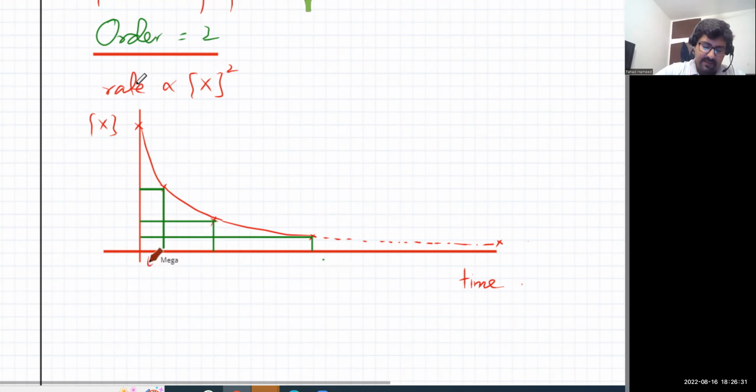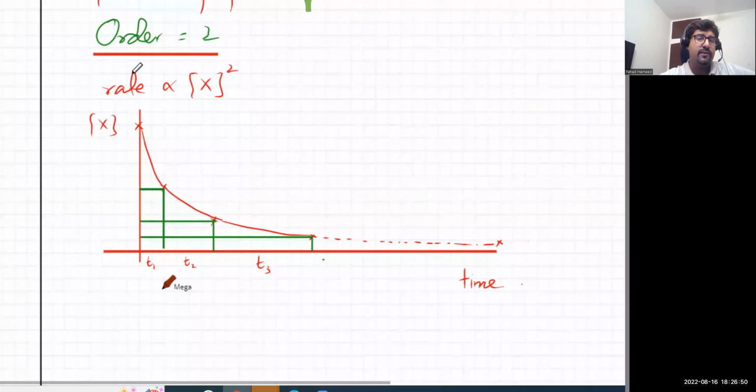This is the first half-life, this is the second half-life, and this over here is the third half-life. So each successive half-life is double the previous half-life. It just takes a much longer time for the concentration to decrease because it's slowing down a lot more. If this is half, this would become 1/4. So it slows down by a much bigger amount.